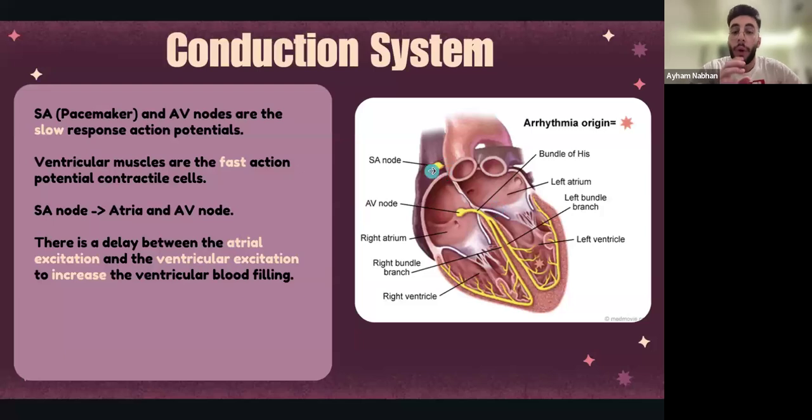When the electrical signal in the SA node gets initiated, it is propagated and relayed to the left atrium through something called Bachmann's bundle, but you don't need to know that. So between the excitation of the atrium and the excitation of the ventricle through the bundle branches, there is a delay.